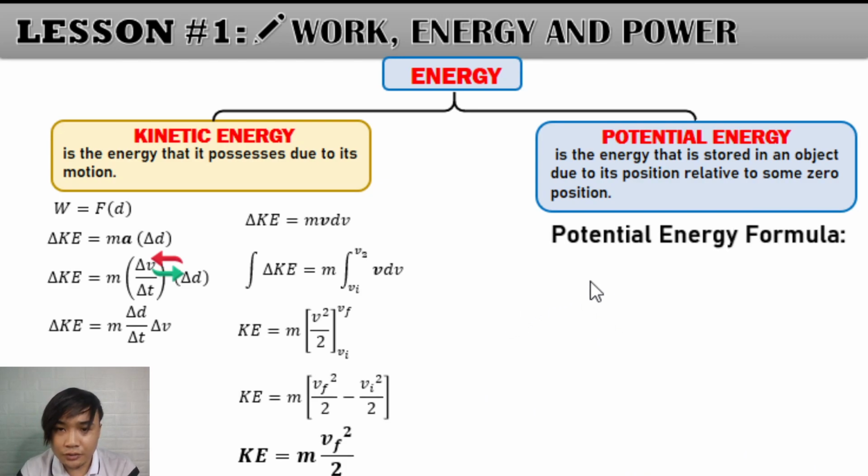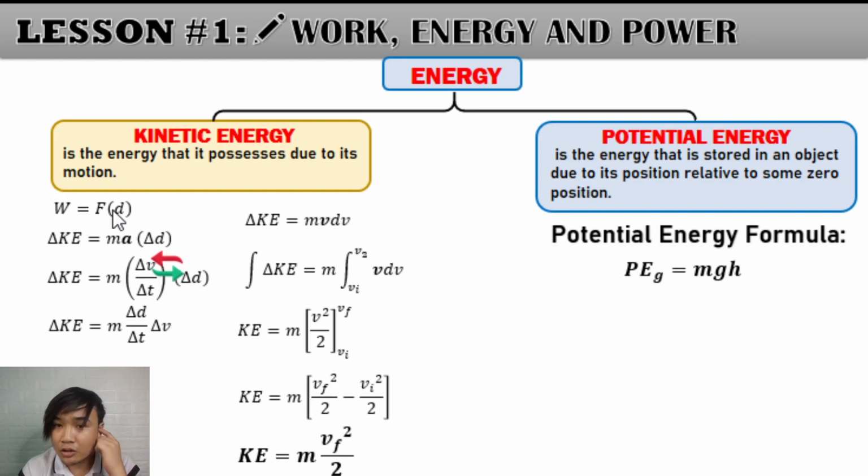The potential energy formula here is the gravitational potential energy. So how did it become mgh? What are mg and h? The work done for potential energy is equal to force times distance.